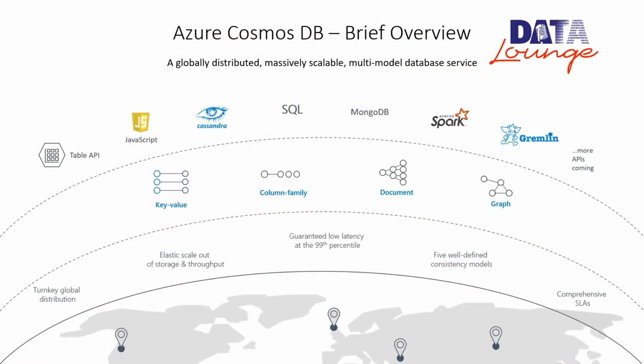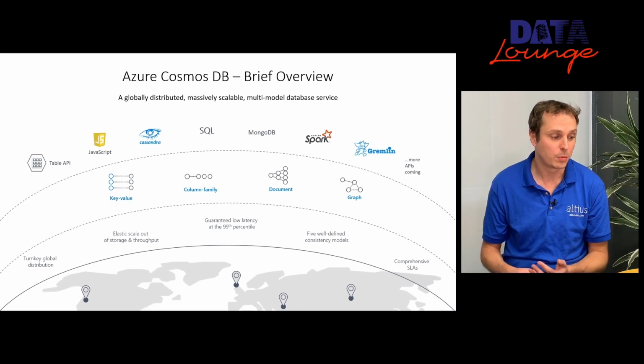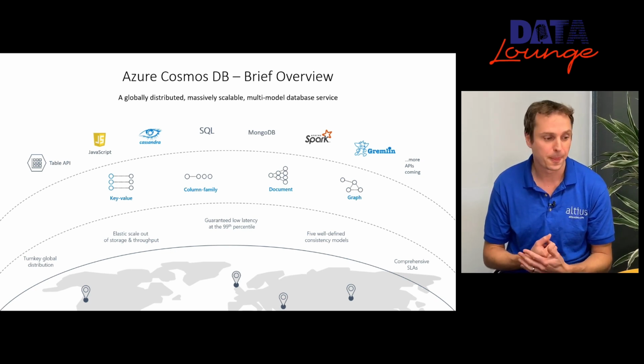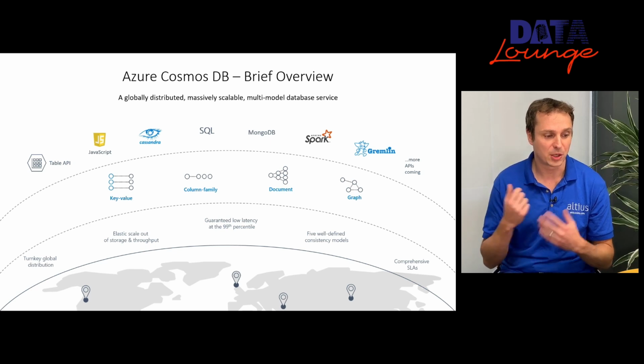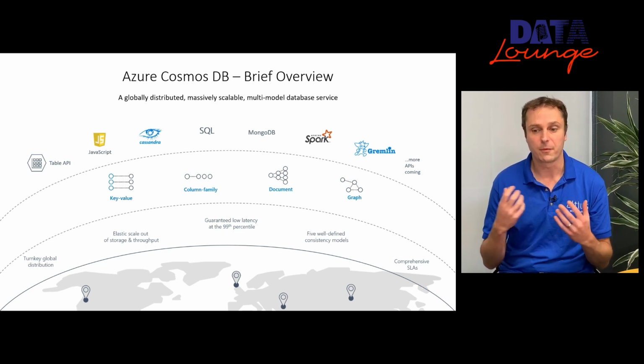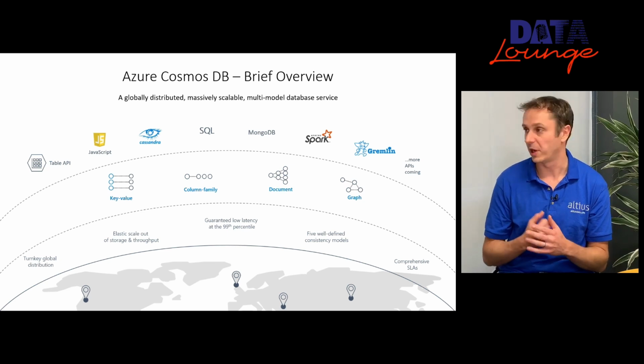So just to start, what is Cosmos DB? It's a globally distributed, massively scalable, multi-model database service. What that means is Microsoft have put in all the infrastructure in Azure to provide a very scalable, high transaction OLTP type architecture.